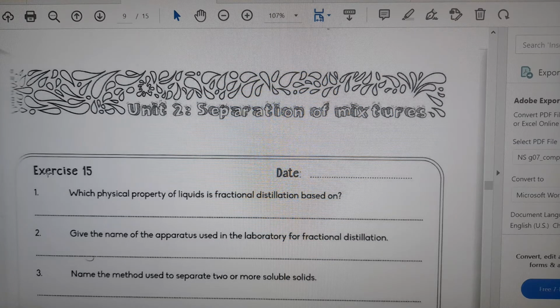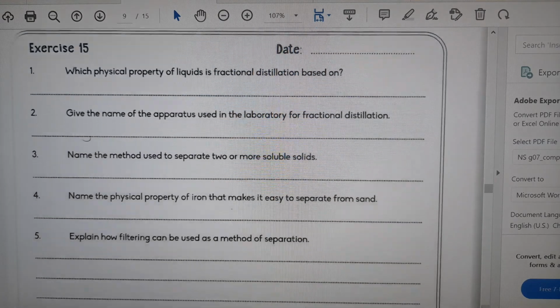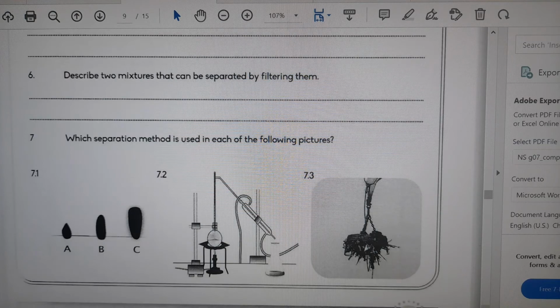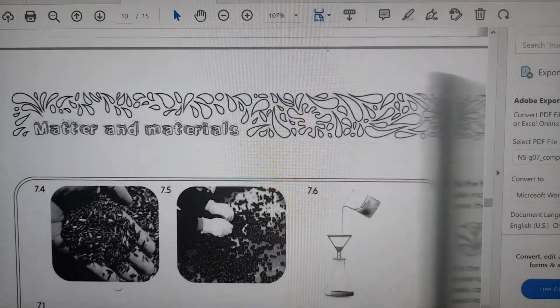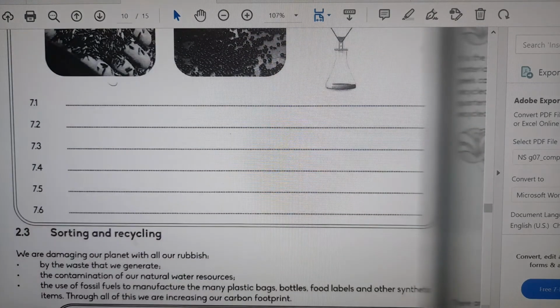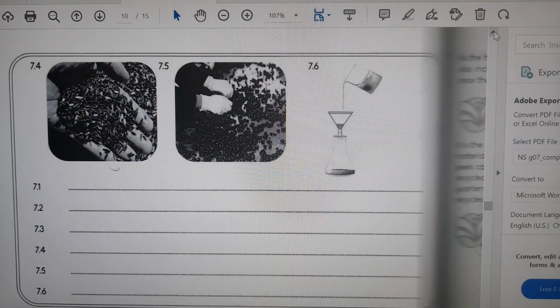Page number 9, exercise 15, and you start with that activity from number 1 all the way up to number 7.6.